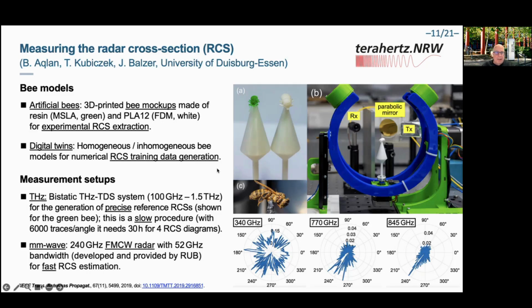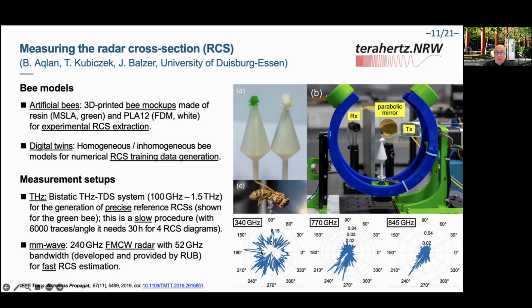data acquisition. For the measurements, they use bistatic terahertz time-domain systems in the frequency range between 100 gigahertz and 1.5 terahertz for the generation of very precise reference cross sections and radargrams.